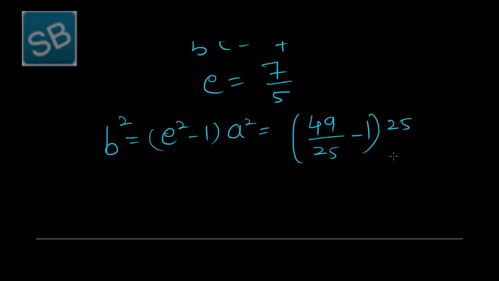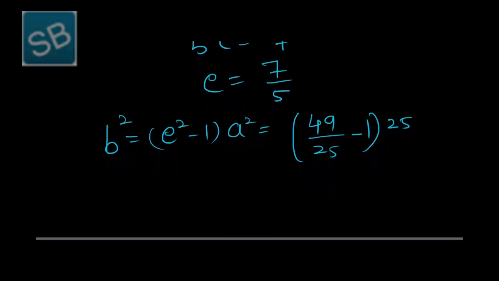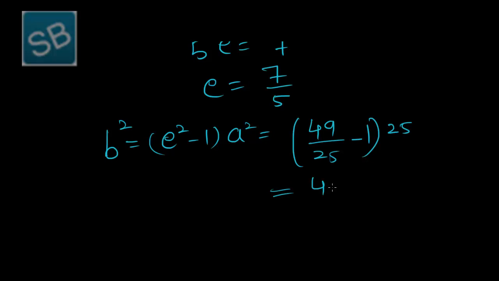So we get 49 minus 25 over 25 into 25. That is b square is equal to 49 minus 25, which is 24.